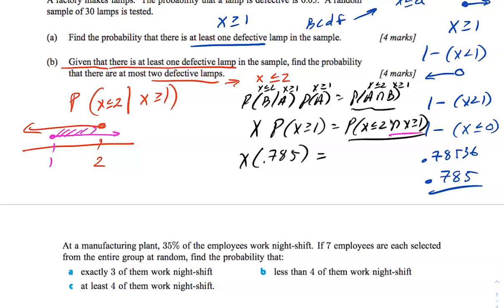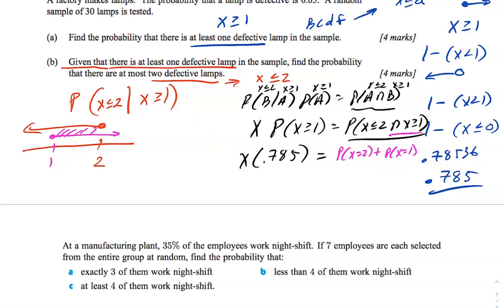So I need to find the probability of it being between 1 and 2, basically of 1 and 2. So what I'm going to do here is the probability of X equals 2 plus the probability of X equals 1. I'm going to do both of those because that's what this is. It's saying basically find the probability between 1 and 2, right? You're less than or equal to 2 and greater than or equal to 1. It's just 1 and 2. So I'll find both those probabilities.